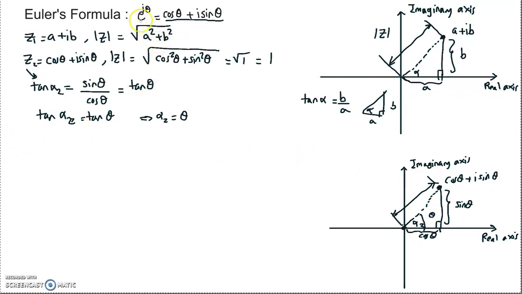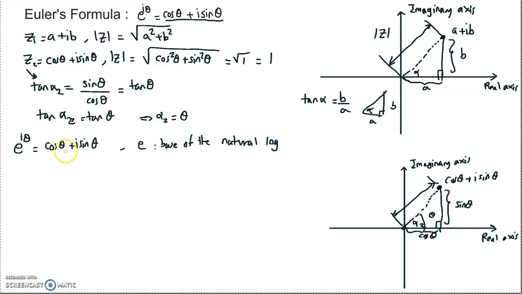So what does Euler's formula state? It states that e to the i theta equals cosine theta plus i sine theta, where e is the base of the natural log.